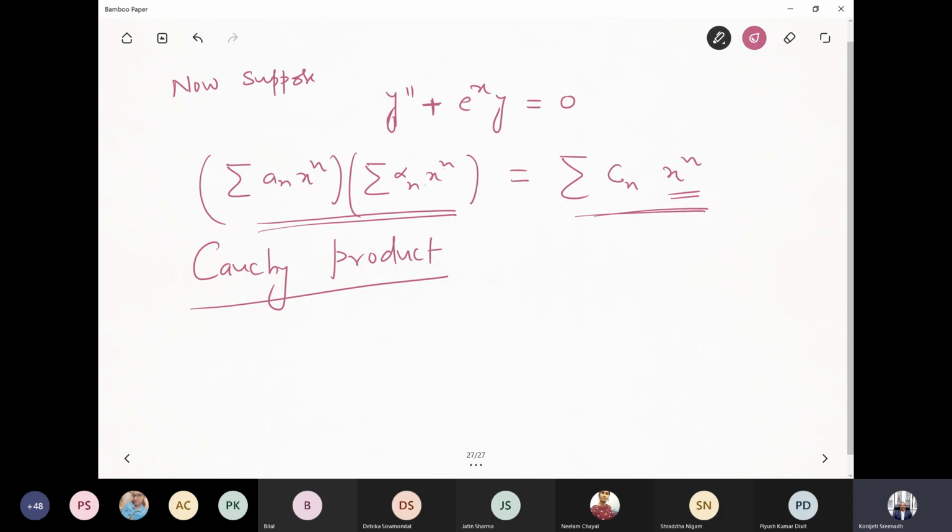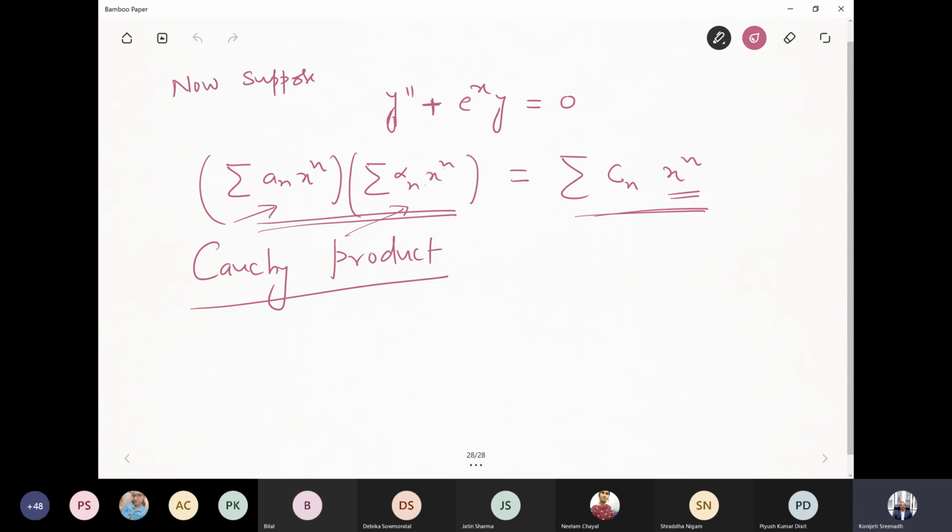There are different types of products that you can take, but for power series, this looks more natural because it's like polynomials. The nth partial sum of the first series is a polynomial, and the second series is also a polynomial. So you multiply these two nth partial sums and get a series, and that is called the Cauchy product.